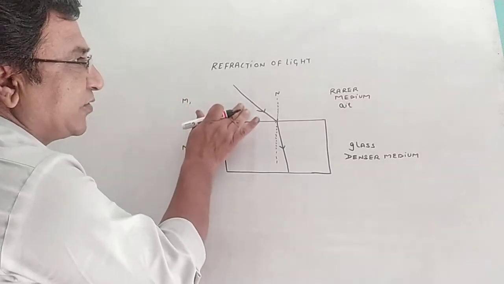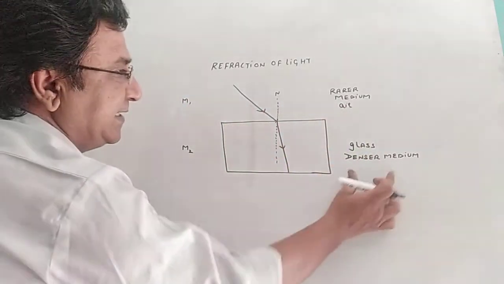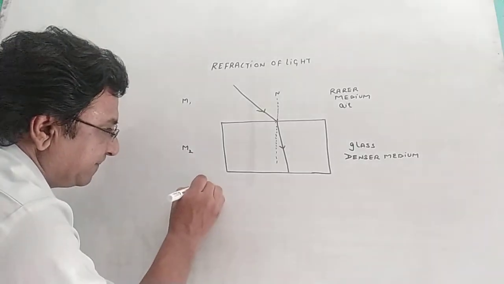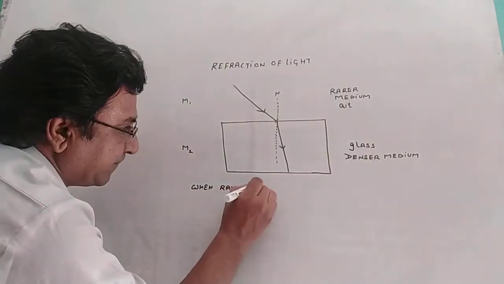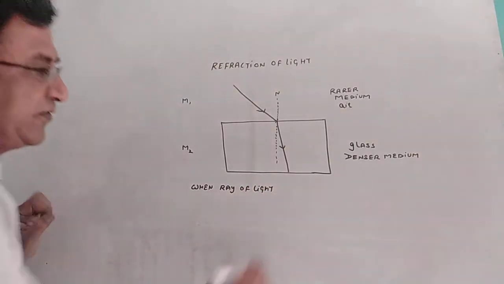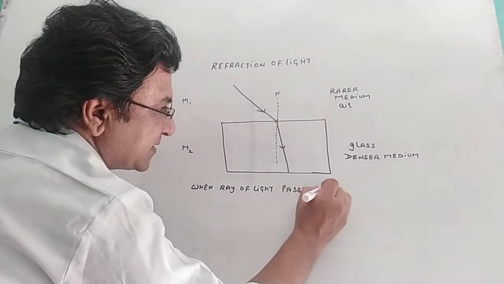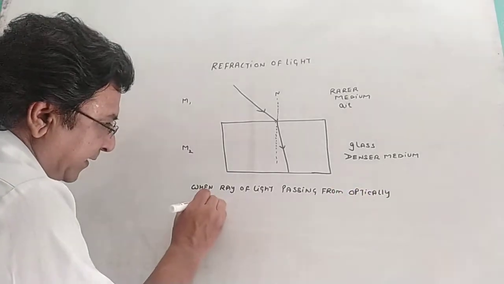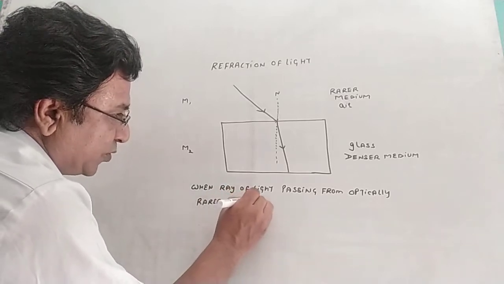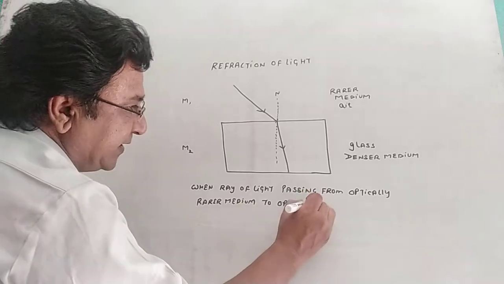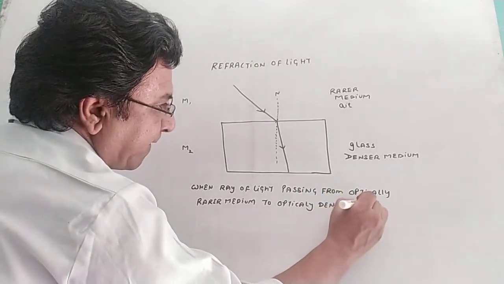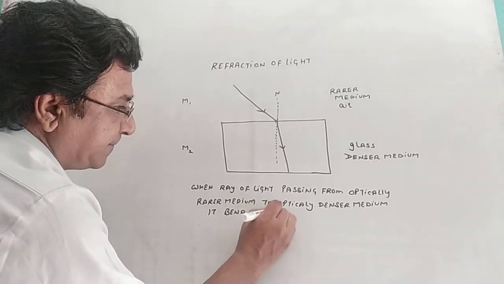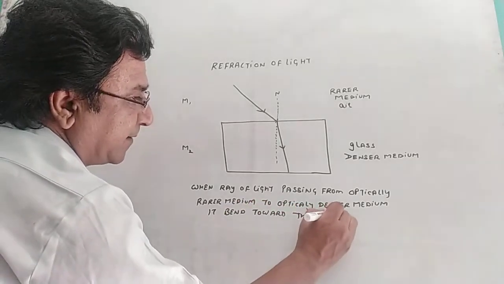So when the ray of light passes from optically rarer medium into optically denser medium, the ray bends towards the normal. Okay, remember that.